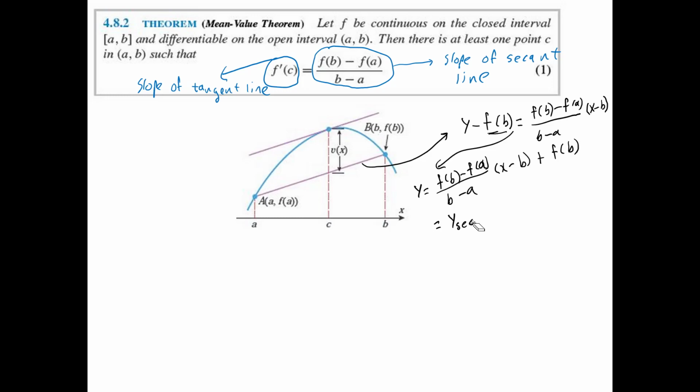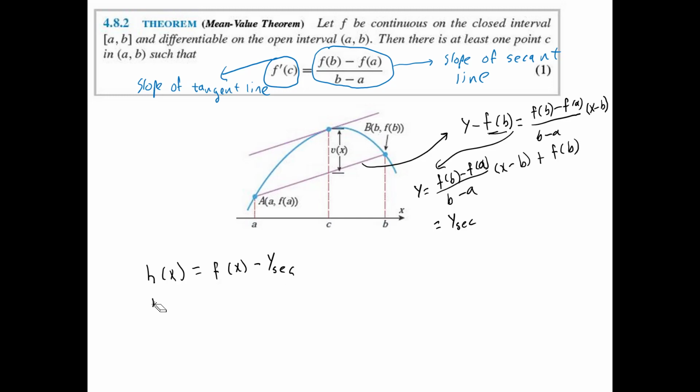And so then the clever thing that somebody came up with is that they could look at this function, h of x, which is going to be f of x minus y secant. Now, f is continuous and differentiable, so y secant is continuous and differentiable, so h of x is continuous and differentiable, right?